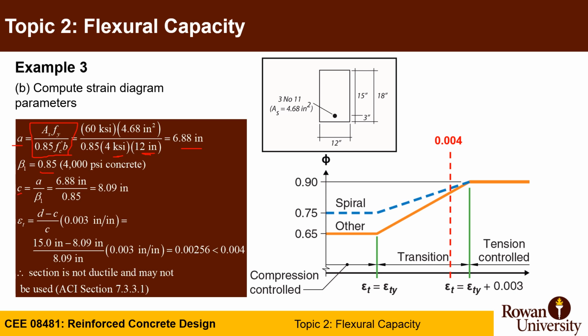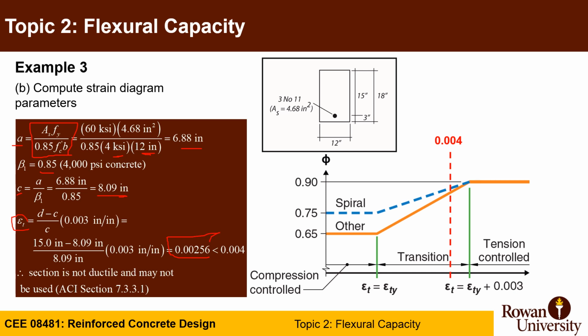Beta 1 is still 0.85 because your f'c is 4,000 psi. c is a divided by beta 1. Based on a value of 6.88 and beta 1 of 0.85, the value of small c will be 8.09. Epsilon t will be (d minus c) divided by c times 0.003. So d is 15 and c is 8.09, so you can calculate the strain here as 0.0256.